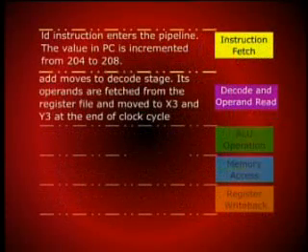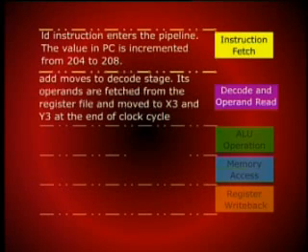At the next clock cycle, the add instruction moves on to the second stage, the decode and operand read, and the next instruction, which is a load instruction, moves into the first stage, which is instruction fetch. So the load instruction enters the pipeline.